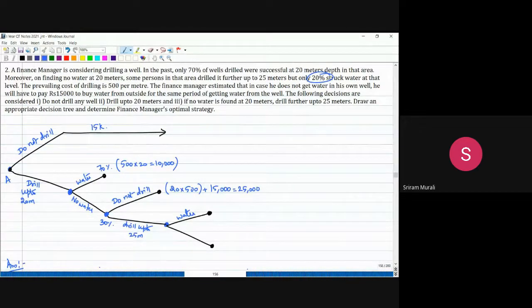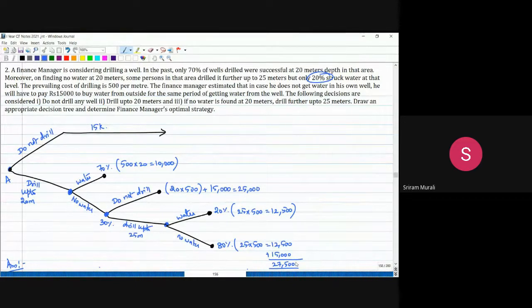So 20% strike water means 80% I don't get water. So this is 25 into 500. If I get water, this is equal to 12,500. Otherwise, if I don't get it, it is 25 into 500, that is 12,500, plus the water I have to take from outside, this is 27,500.